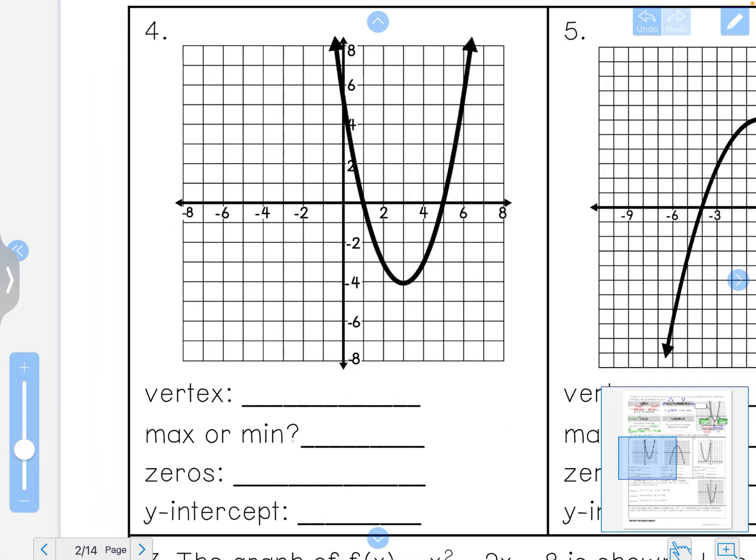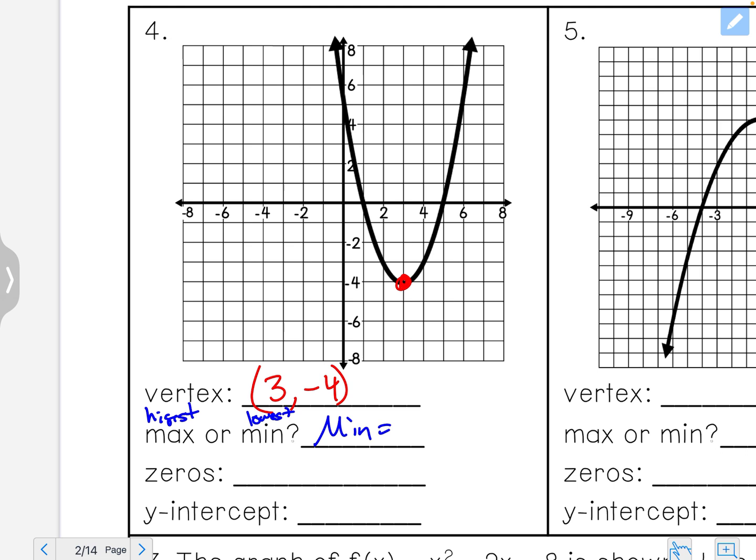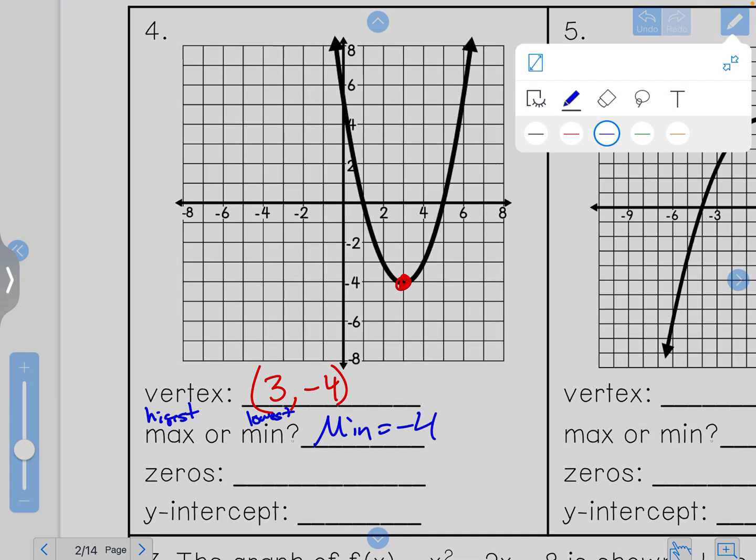So real quick, let's go over a couple of these together to make sure we understand. Again, vertex is the highest or lowest point. So it's going to be at (3, -4). If it's a maximum, that's the highest point. If it's a minimum, it's the lowest point. So the bottom of the parabola is going to be our min, and our minimum value is the y point of the vertex.